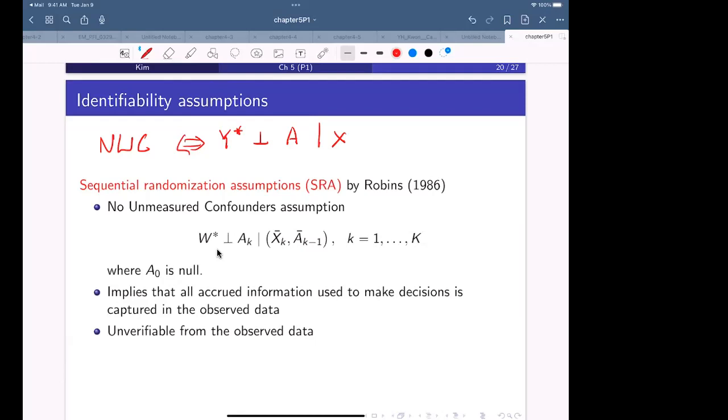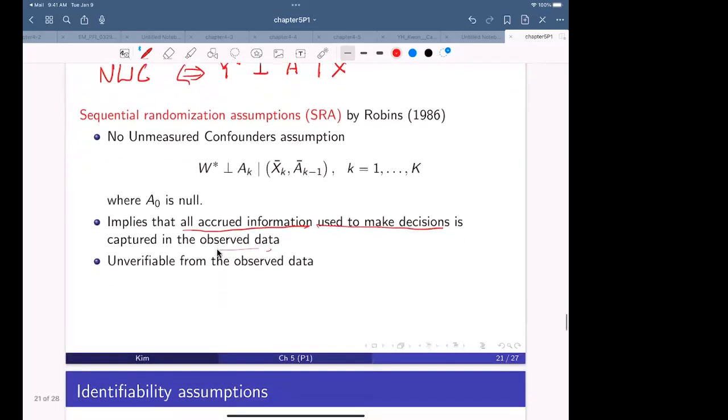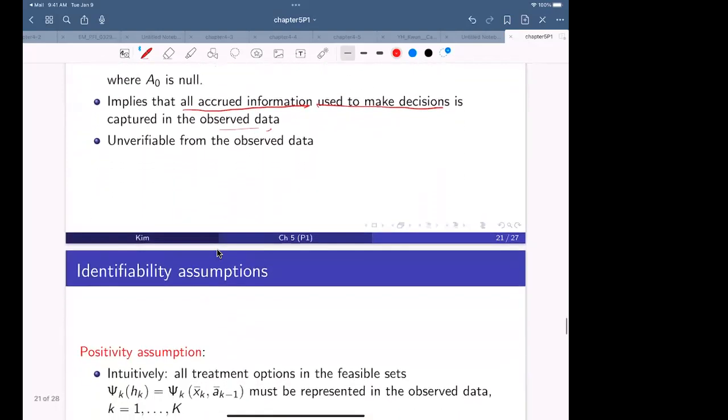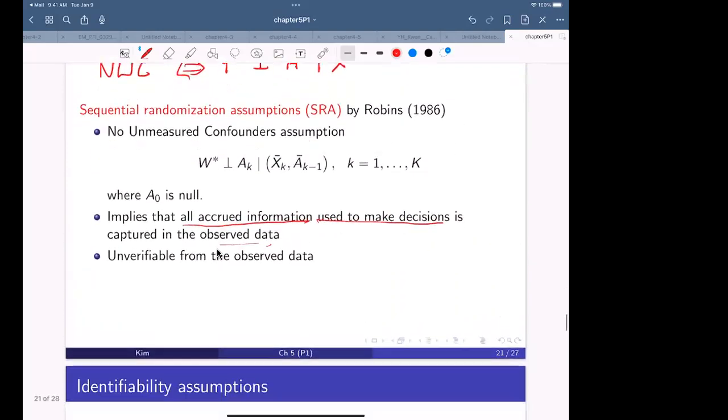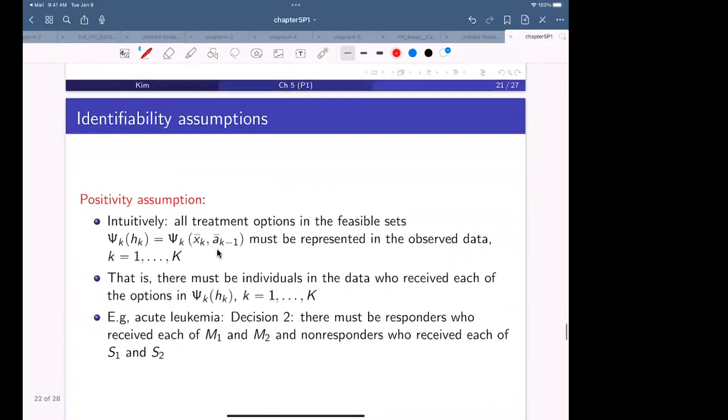Okay. So that is the sequential randomization assumption, which is basically conditional independence. It implies that all accrued information used to make decisions is captured in the observed data. That is a strong assumption, but it is kind of a missing-at-random type assumption.